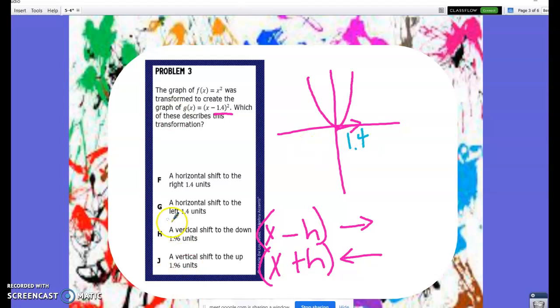We're not looking at a vertical shift at all because that's up and down, and that would be a k value. So we're looking at a horizontal shift, and this one is to the right because it's x minus h. So this one would be f.